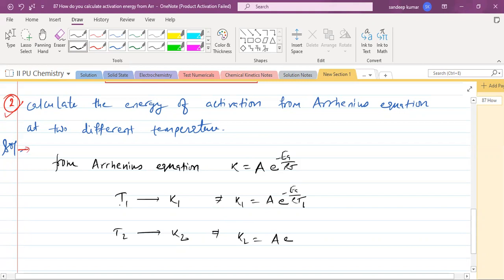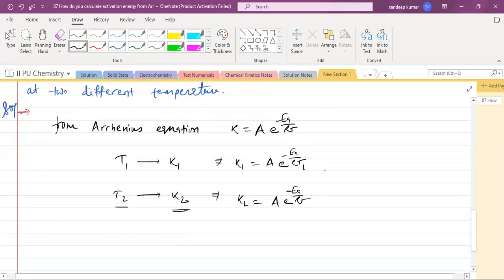Instead of temperature T, we have substituted T1. Here, when the temperature is T2, the rate constant is K2, right? So K2 is equal to A into e to the power minus EA by RT. Yes or no? Now, if you take the natural log in these equations, we can write ln K1 is equal to ln A minus EA by RT1.